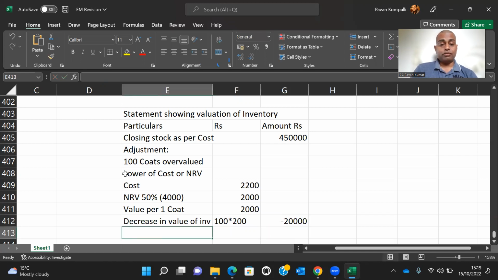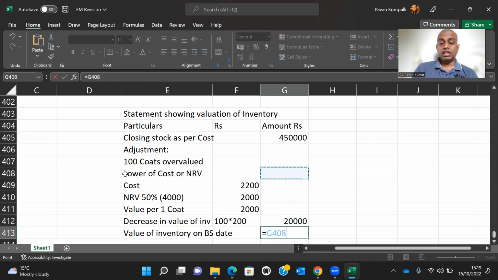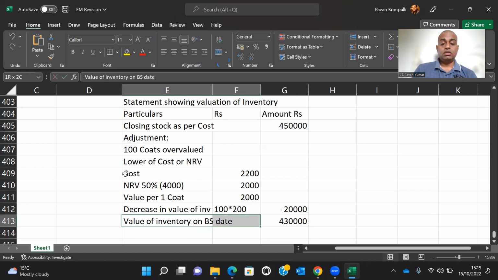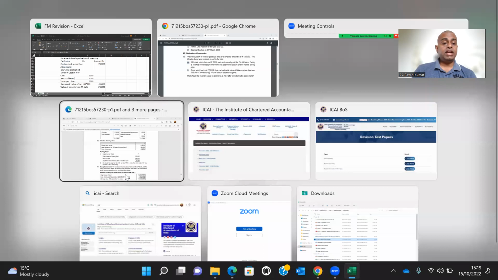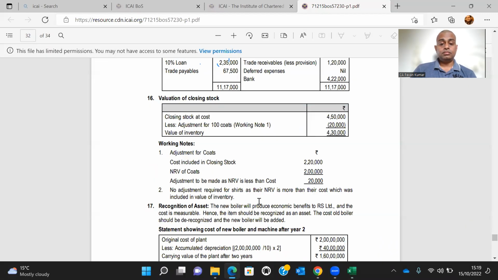Minus 20,000. Therefore, value of inventory on balance sheet date is 4,30,000.